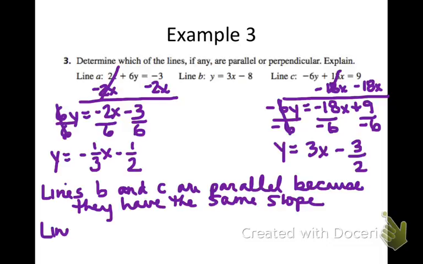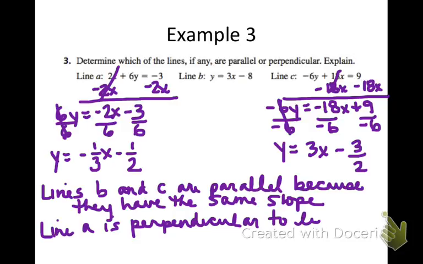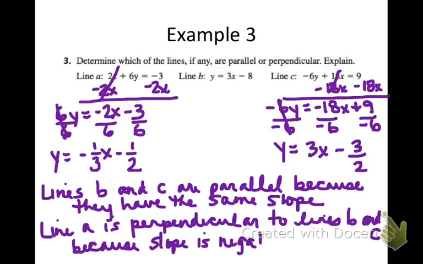So line A is perpendicular to both lines B and C because the slope is the negative reciprocal. And remember to pause the video if you need more time to copy things down.